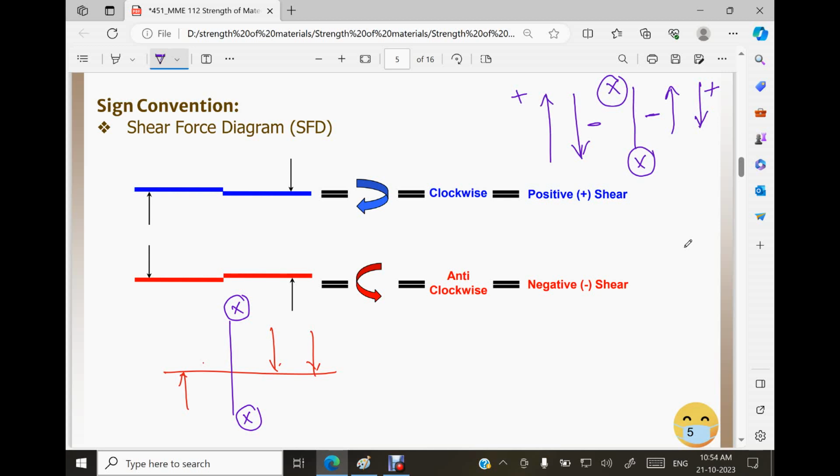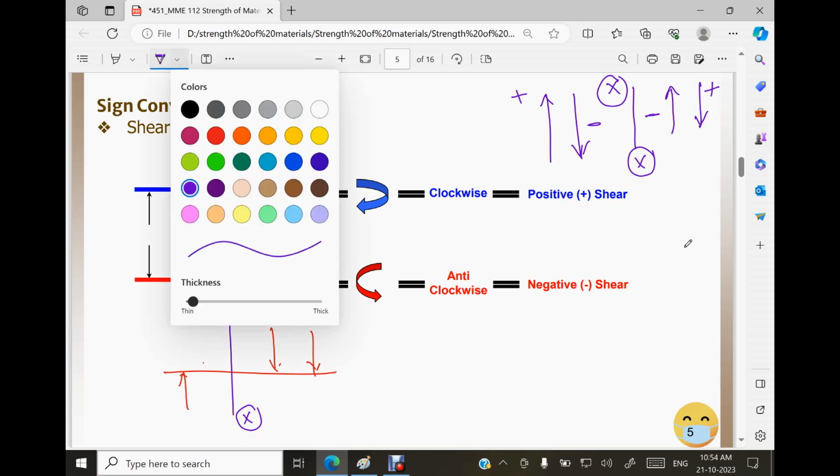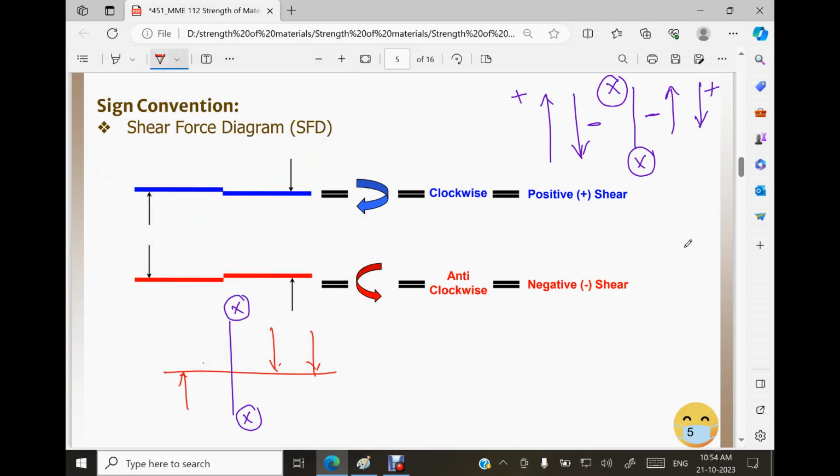So now here if I add one force, let us say there is one force over here. This is acting up. Now on the right side, what are the forces? Let us say this is 10, this is 5, this is 15. So on the right side, right side upward is what?